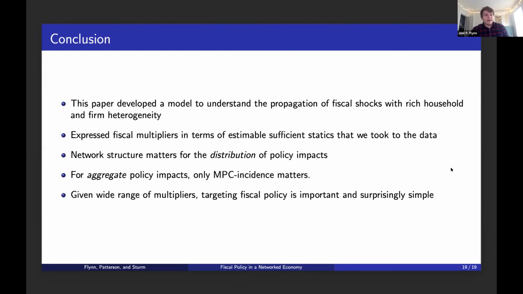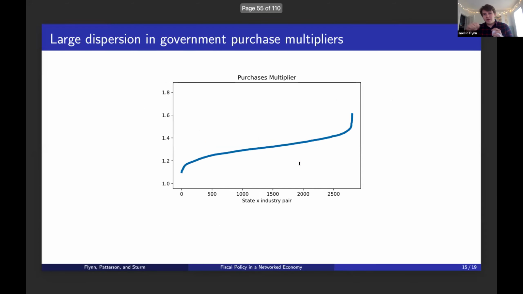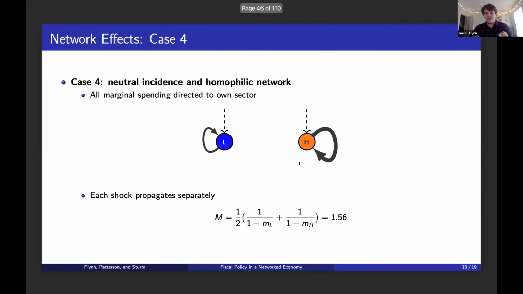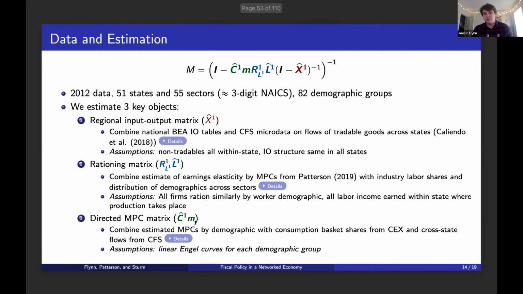I can take this if you'd like. We capture that in a coarse way because we have linear Engel curves within each income group. So we still allow for non-linearity of the Engel curve across different levels of income. But within our income buckets, we're imposing that if you get a little more income, you scale up proportionally with respect to how much you were consuming before.